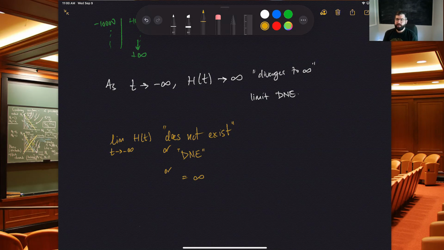I can see some benefit in that because instead of saying it just diverges, we could ask, well, does it oscillate? Does it blow up to negative infinity? Does it go to positive infinity? If you say it equals infinity, then you're giving me some more information. But I'd probably prefer that you say something like this. Now, in the software for answering quick fire questions, it's either going to be one of these two.